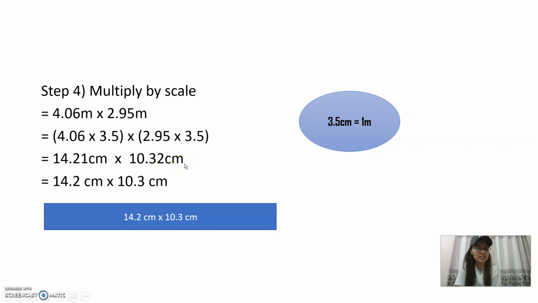As we have to use a ruler, we'll have to round it off to one decimal place. So we rounded it off, and it is 14.2 into 10.3 centimeter, and this is our final answer.